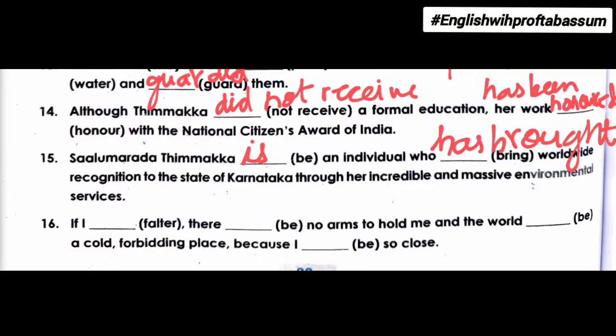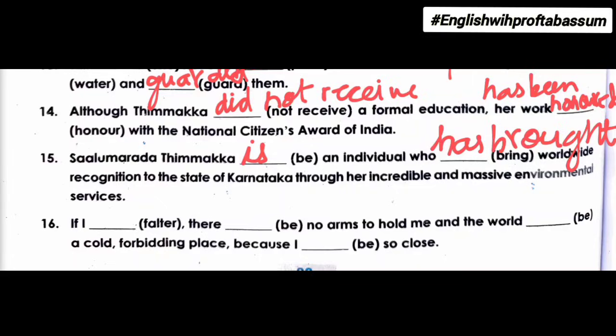For imaginary present or future, we use would plus base form of the verb. So again be changes to would be. Now the fourth one. In this the helping verb in the bracket is given as be, but this is something that happened before the imaginary moment. So the rule is, if the previous blanks were written in past tense, this blank would be written in past perfect. That is had plus past participle.